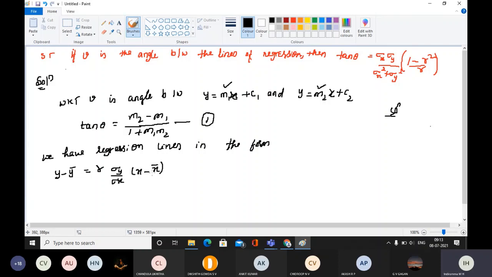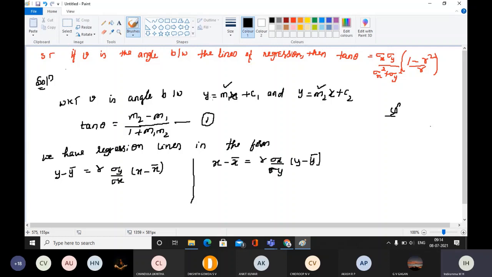Is it right? If you know r, you can use this formula to find the regression line. So, the second regression line is x minus x bar is equal to r into sigma x by sigma y into y minus y bar.